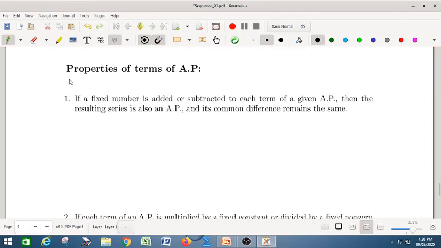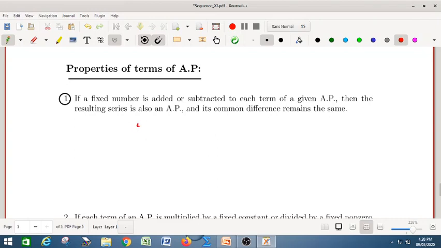Now let us discuss some very important properties of AP. First one: if a fixed number is added or subtracted to each term of a given AP, then the resulting series is also in AP, and its common difference remains the same.